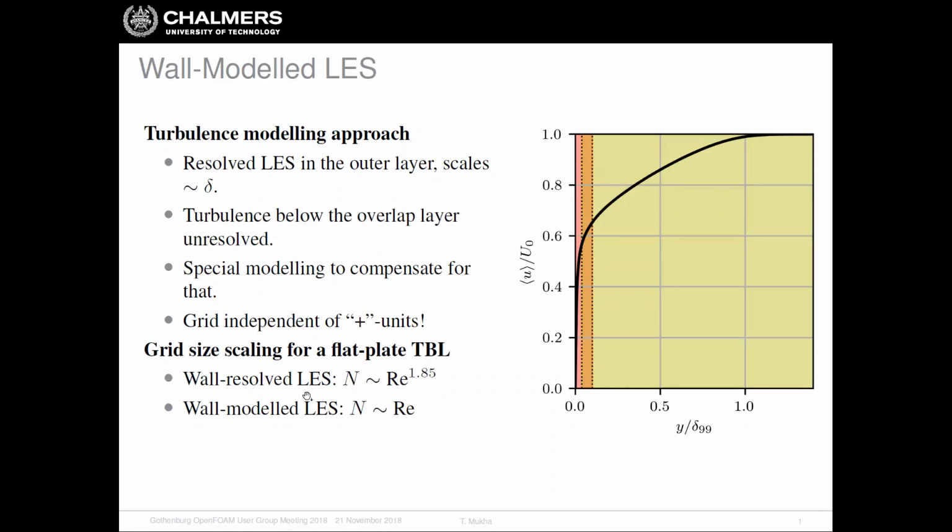For wall-resolved LES, you can see here that the scaling is almost a square, so Reynolds to the power of 1.85. But if we go for Wall-Modelled LES, we get instead a linear scaling. This is of course much nicer. This means that we can afford to simulate flows at much higher Reynolds numbers, those Reynolds numbers that are closer to what we actually encounter in many industrial flows.